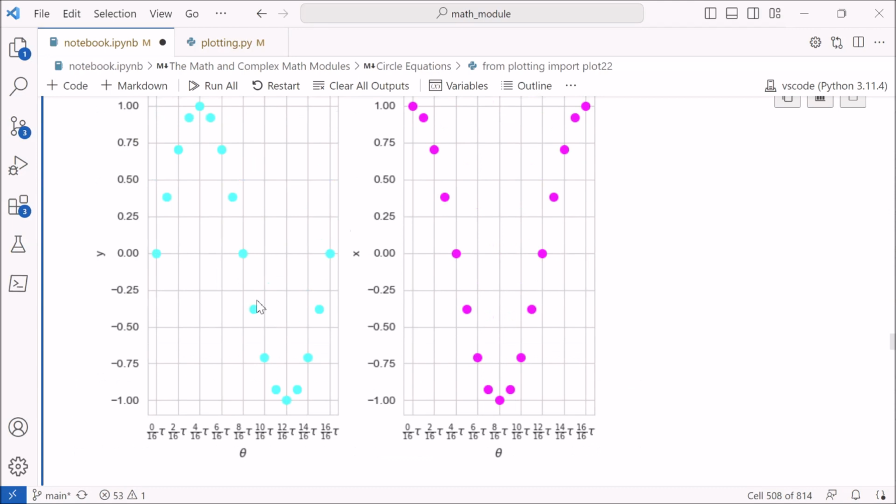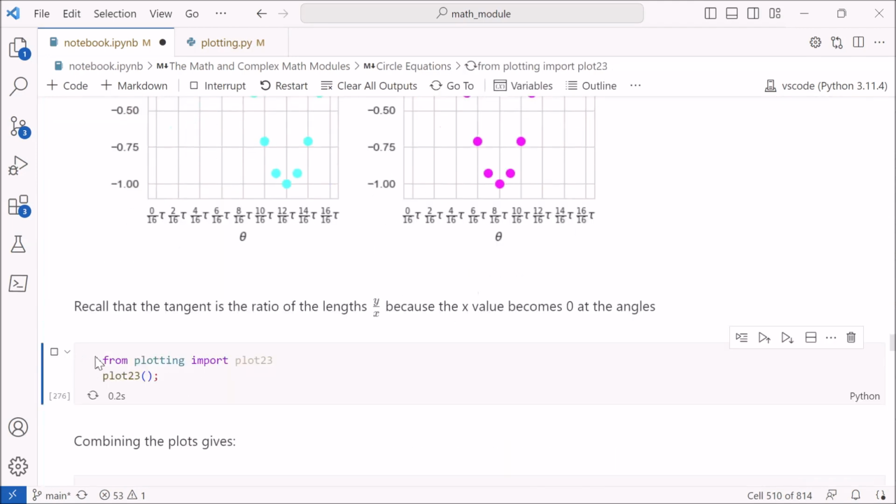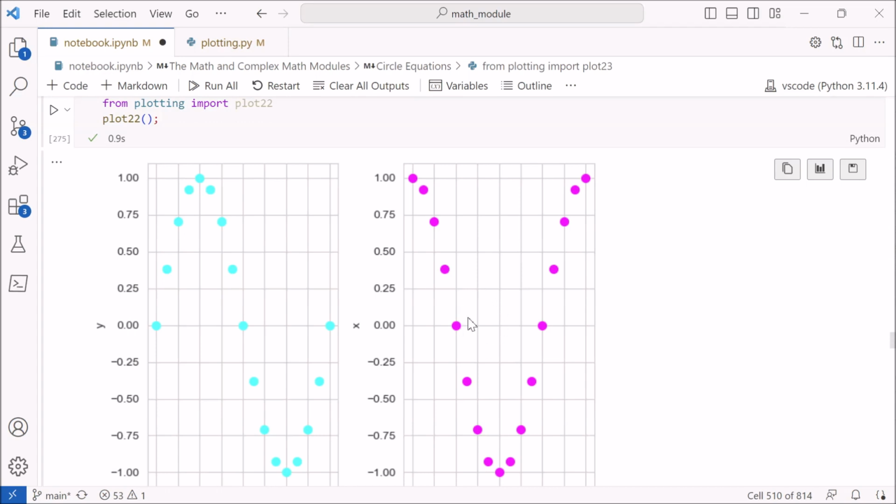And tangent is going to be this divided by this. Notice that this has the point 0 here and 0 here. Where it has 0 here, this has the value 1, and when it has 0 here, this has the value -1.